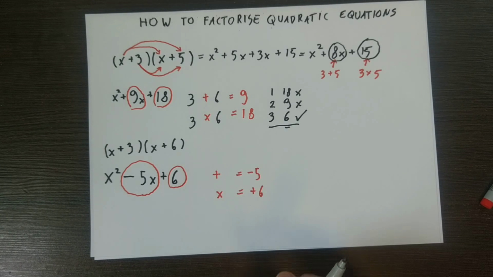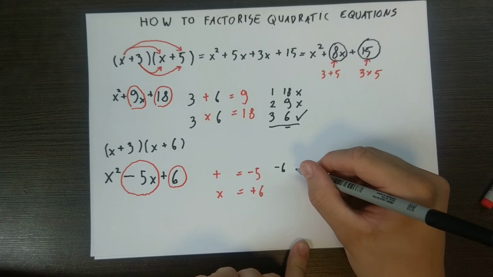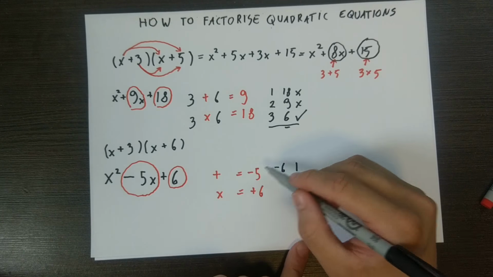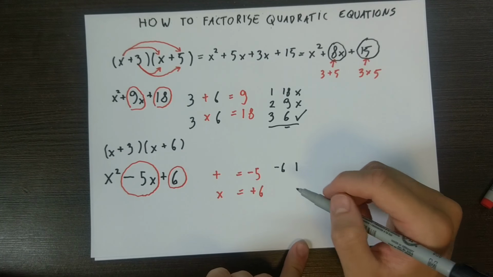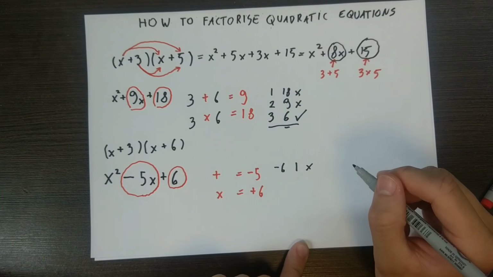So, what are our options here? We could try negative 6 and positive 1. Well, that would add to give us negative 5. However, it will give us a negative 6 when multiplied. So, no, we don't want this.